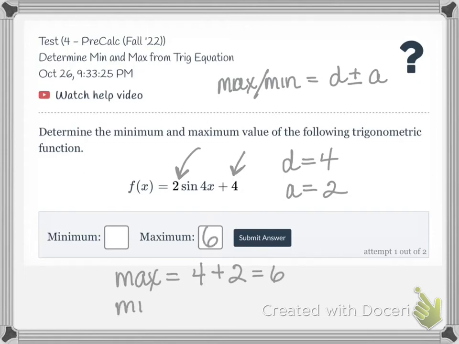And for my minimum, I'm going to do 4 for my D minus my A, and it's a 4. So the highest point in my graph is going to be a 6, and the lowest value for Y is going to be a 4.